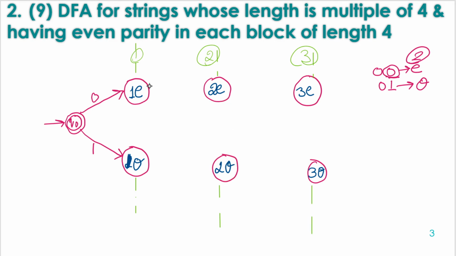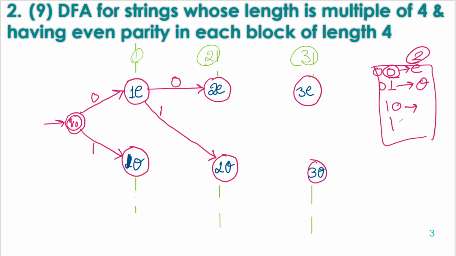So if we are getting 0, then we need to move to the state with length 2 and even parity, and if we are getting a 1, then we need to move to this state with length 2 and odd parity. So this is for 1, right? Same way from this state, length 1 and odd parity, being on this state means we have received a single input symbol 1, and after that if we are getting a 0, the length is 2, so we are in the same category of length 2.